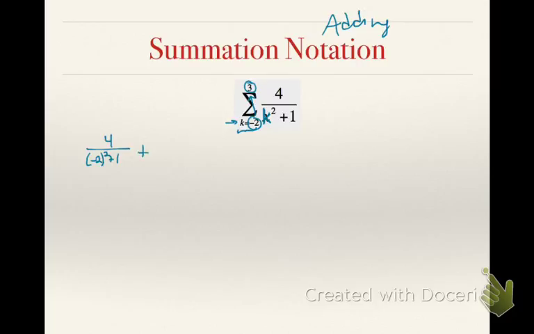I'm going to add it to the next number, and from k up to positive 3 is going to be negative 1. So I'm going to plug in negative 1 in place of the k. Then I'm going to plug in the 0 in place of the k. Plug in the positive 1.